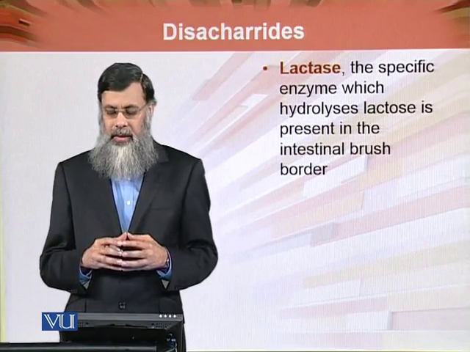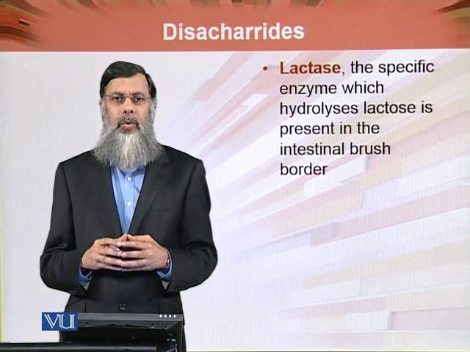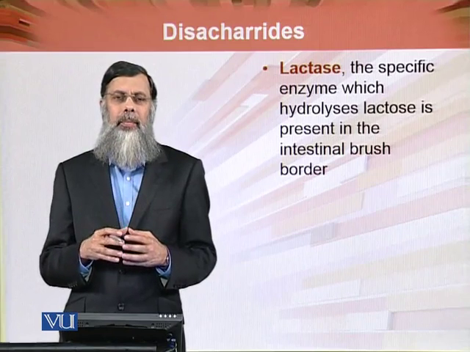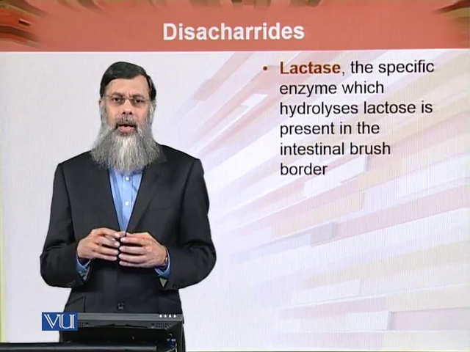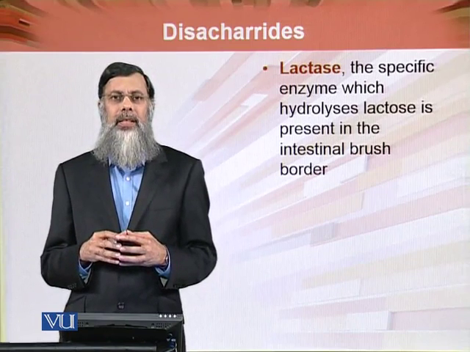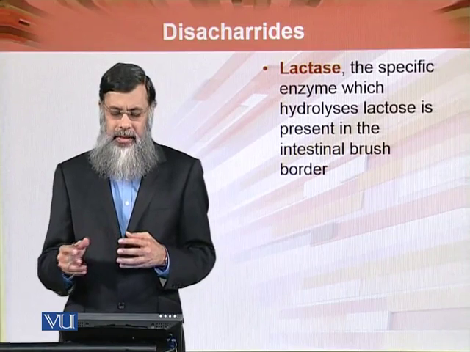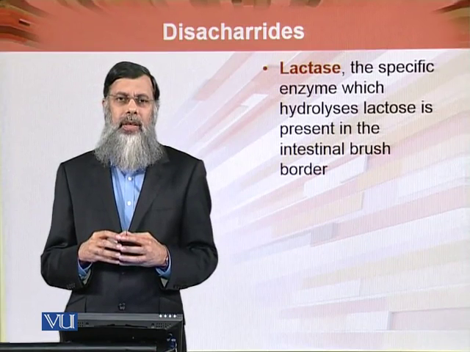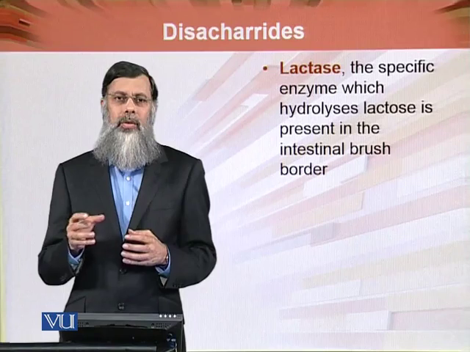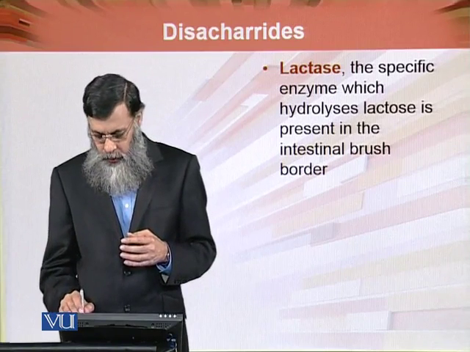Lactase is the specific enzyme which hydrolyzes lactose. As we saw earlier, maltose is converted by the enzyme maltase present in the intestinal brush borders. Similarly, lactase is also present in the intestinal brush borders and is required for conversion of lactose into its monosaccharides, galactose and glucose.